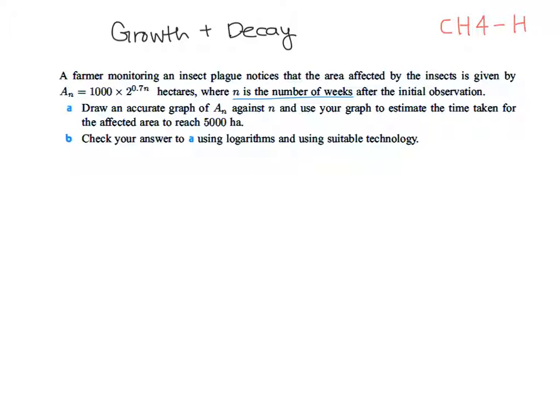In order to draw this graph, we need x and y, where our x-axis is going to be n, the number of weeks, and then our y is going to represent A_n, which is the area that's affected by the insects.